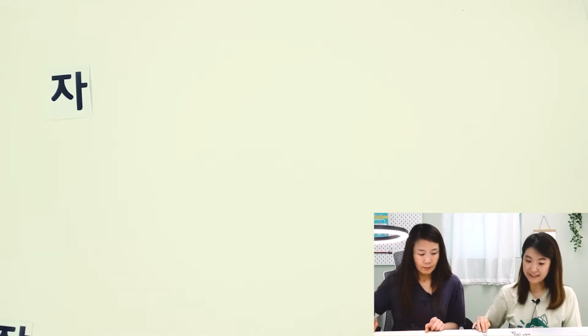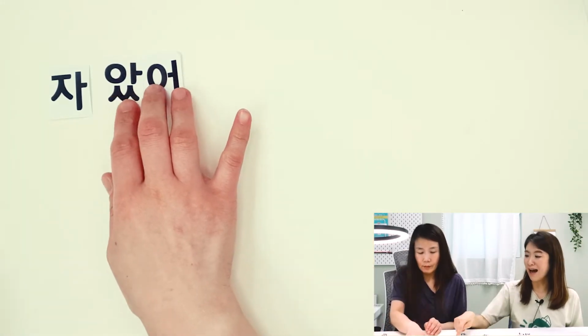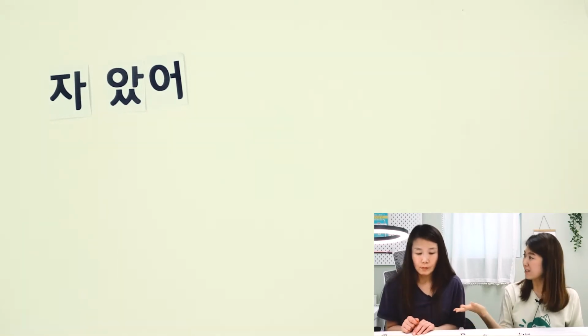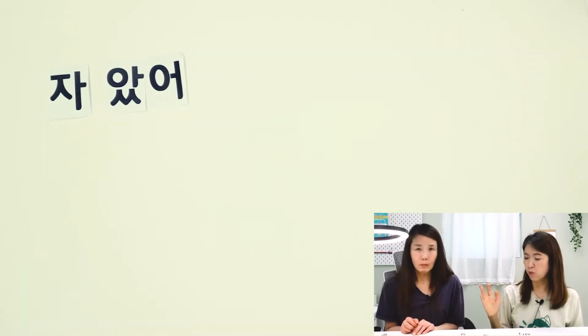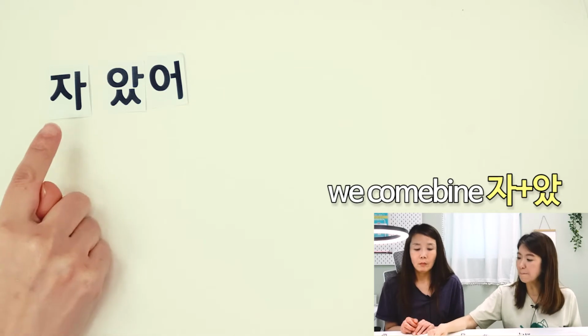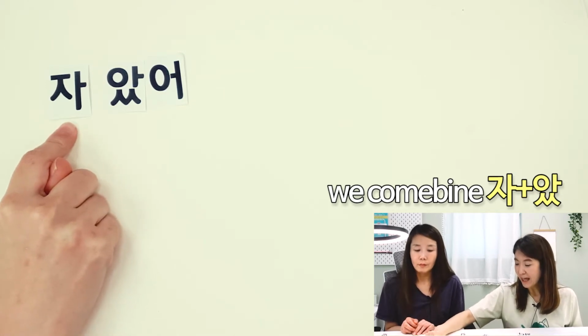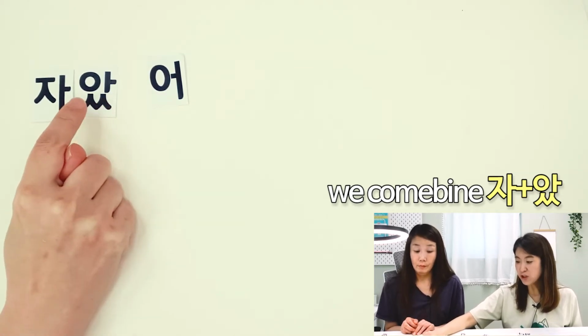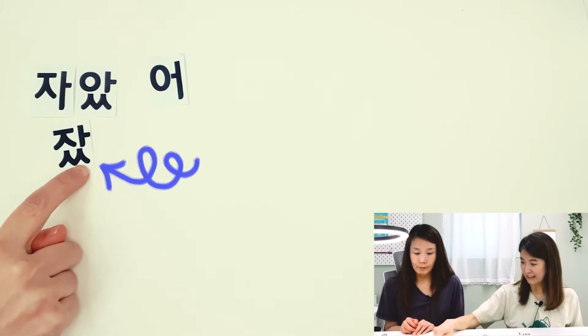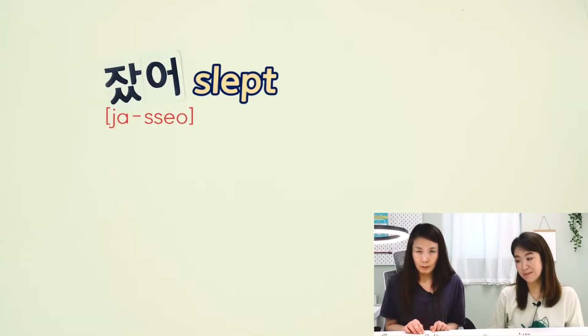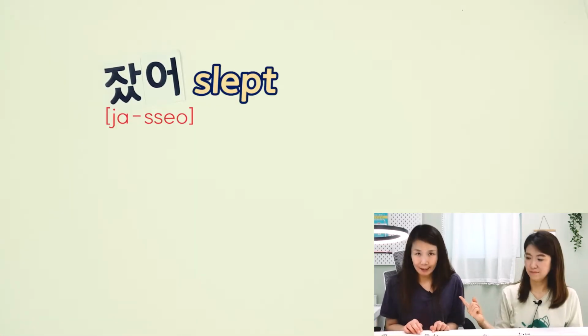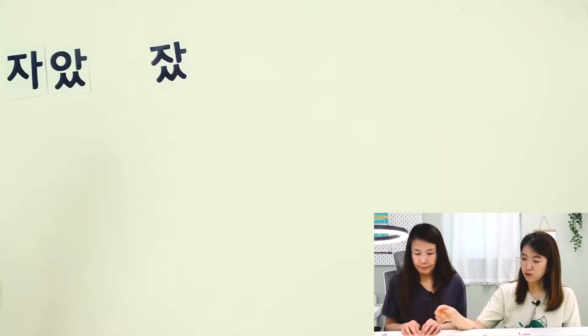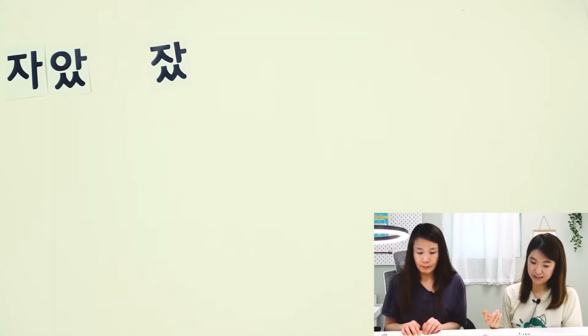We attach 았어, so it's supposed to be 자았어. But do you say 자았어, 선생님? No. Usually we combine 자 and 아, which becomes 잣. The past form of sleep in Korean is 잤어. We'll practice more examples like this.